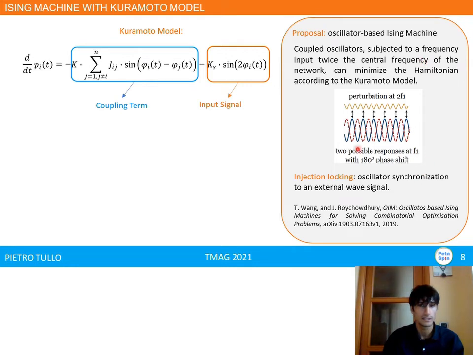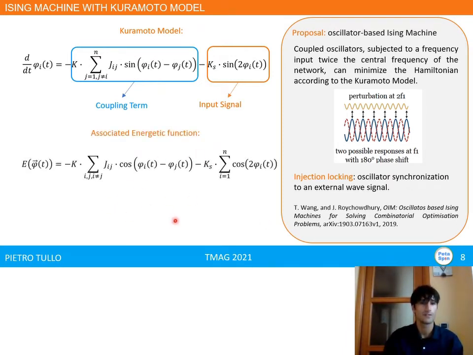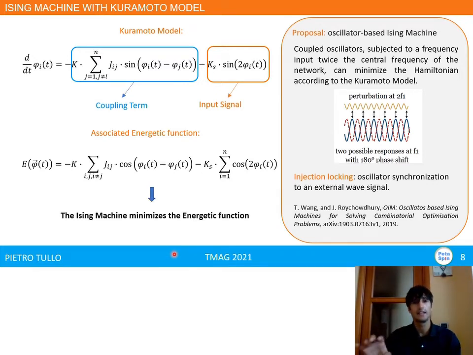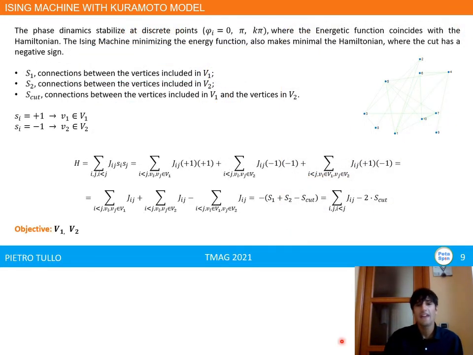In these cases, we have injection locking, that is the oscillator synchronization to an external wave signal. Here we have a representation of the associated energetic function of the Kuramoto model, and the Ising machine can minimize the energetic function. But in some discrete points, at 0, pi, and multiples, the energetic function coincides with the Hamiltonian.